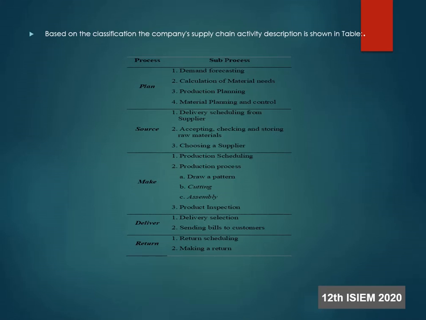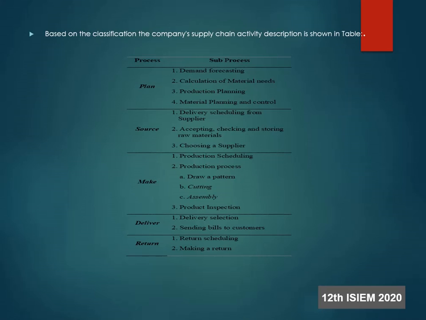The process includes plan, source, make, deliver, and return. The sub-process plan consists of demand forecasting, calculation of material needs, production planning, and material planning and control. The sub-process source consists of delivery scheduling, accepting, checking, and storing raw material and choosing a supplier.